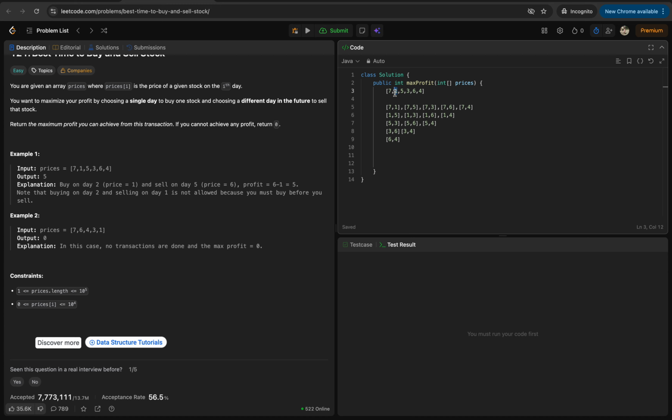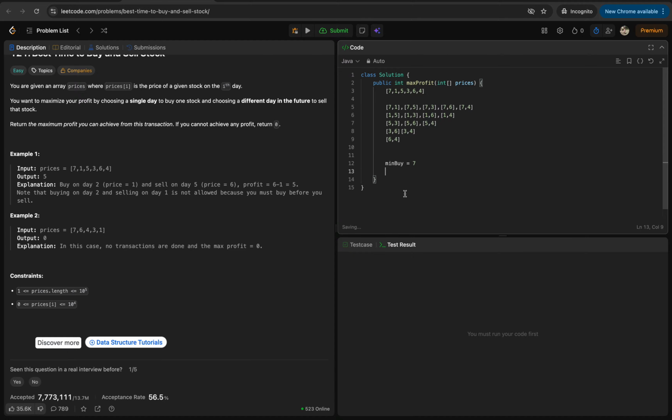Then when we are at 1, so the minimum buy price should be now 1 because it is less than 7. Initially min buy price was 7.